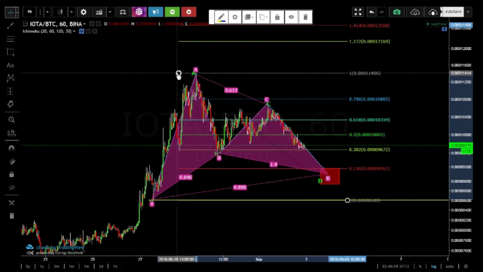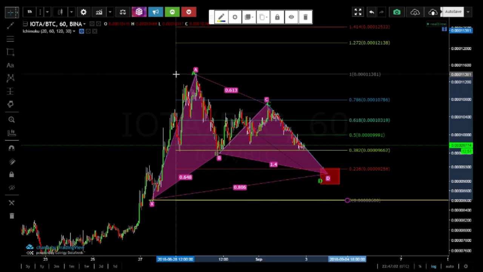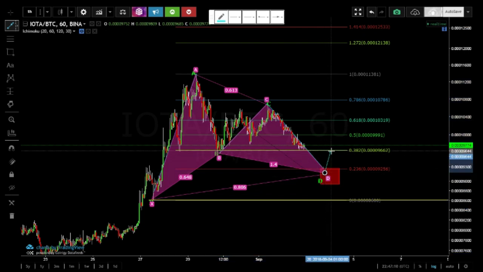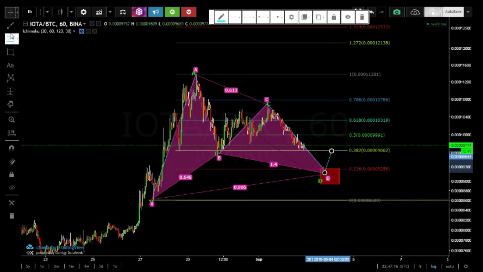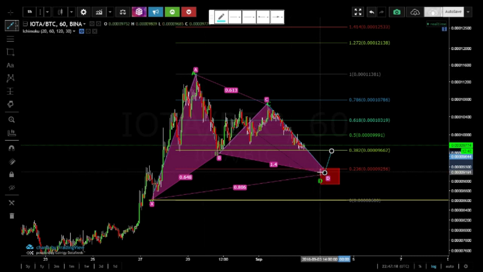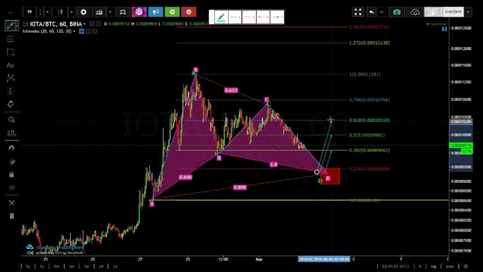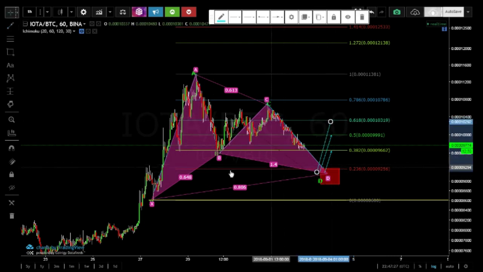So now if you flip everything from the A leg down to the X leg, the first target you should be looking out for is price going back to the 0.382. That's the first target, and the second target should be the 0.5, and lastly 0.618.